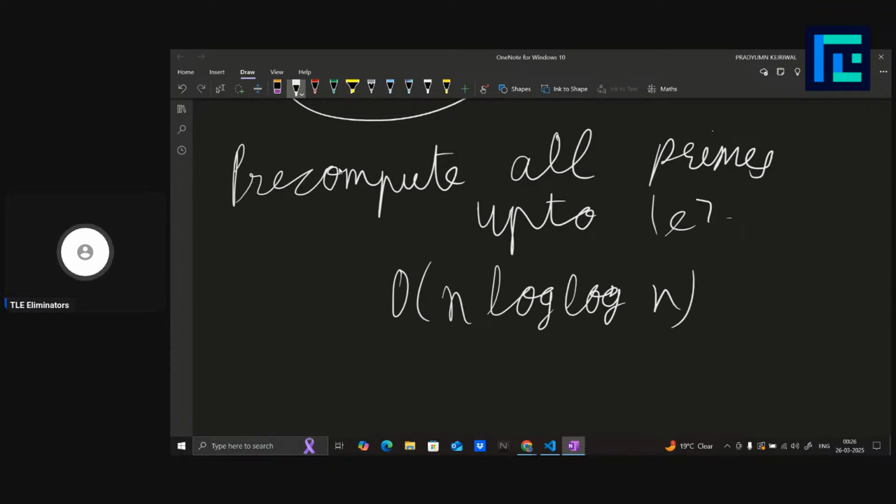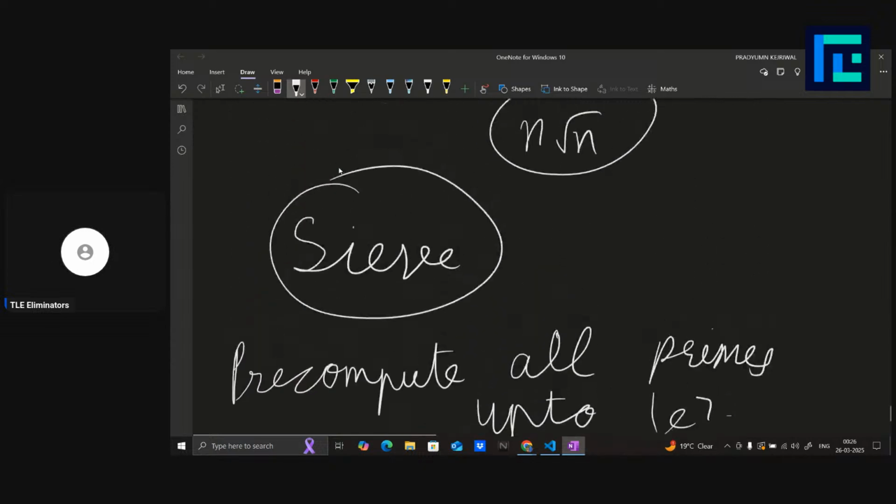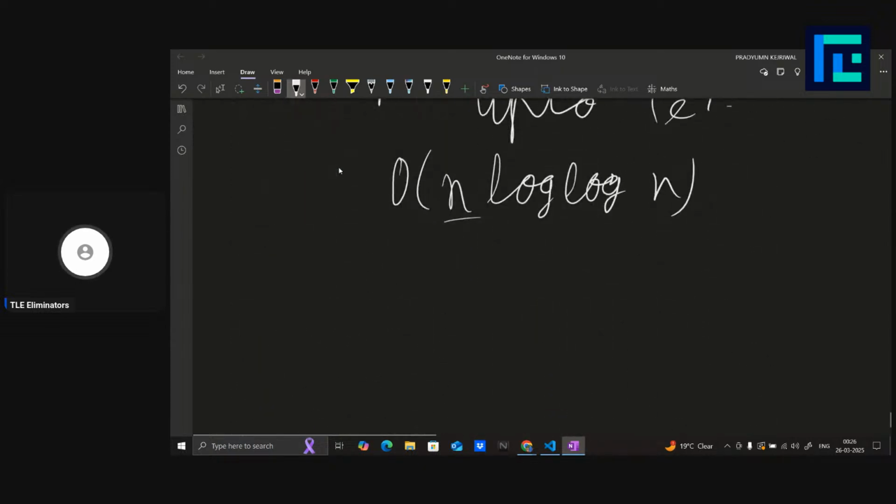Like, it is very fast, where n is 10^7. So you can just pre-compute all the primes up to 10^7, and then you can just iterate over them. So that will take only O of n time. And in fact, not even n, it will be the number of primes less than n. So I just write it as approximately O of n. Actually, it is n upon ln n.